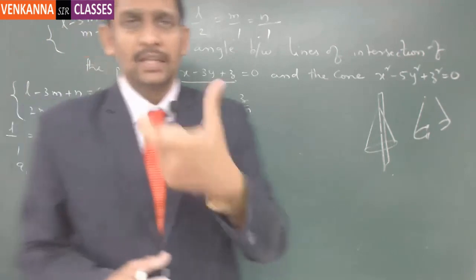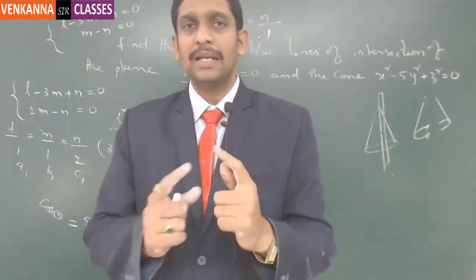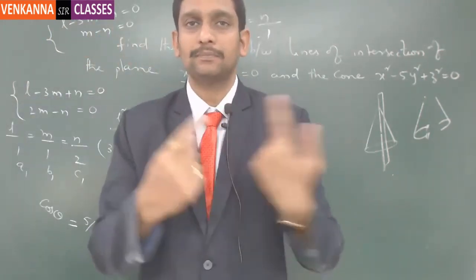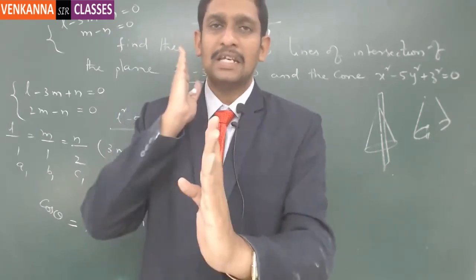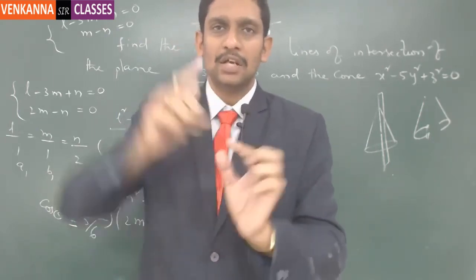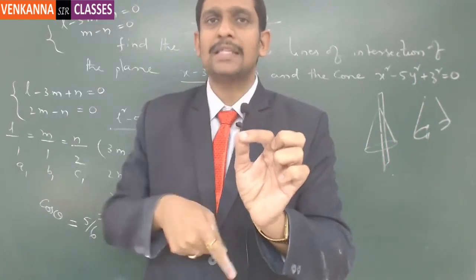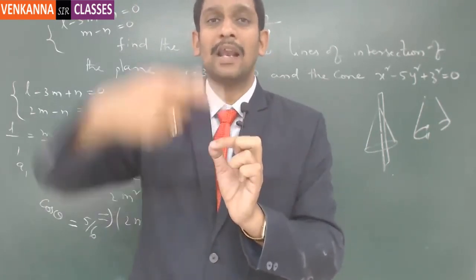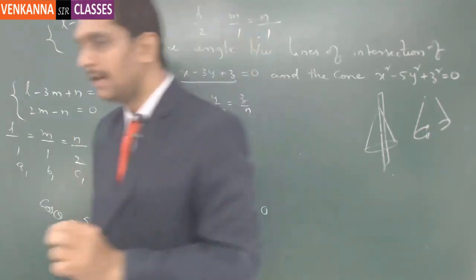Since the cone, if you imagine the shape, is hollow inside, as and when it passes through the vertex, you will get one line at this outer edge, and another line at the other outer edge. Agreed?